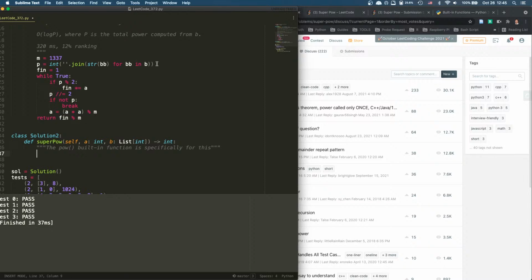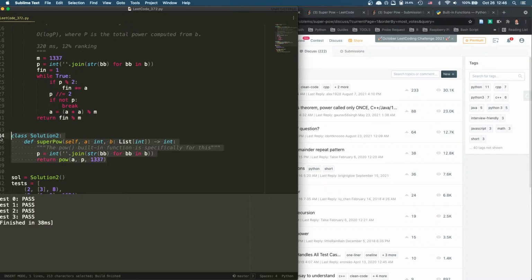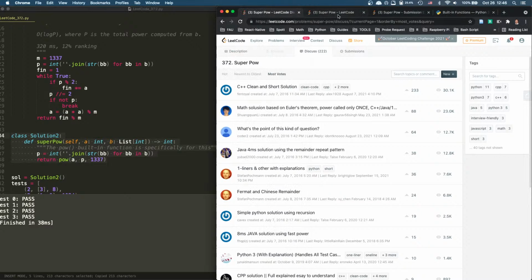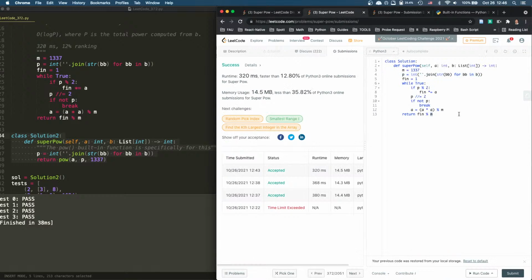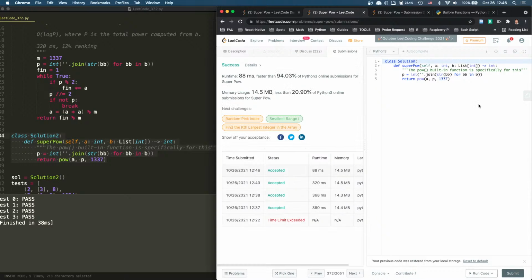So basically, we just grab the P, right? We grab the P, and then we return pow(a, p, 1337). Oh, this could be like cheating, right? That's not the purpose. They don't want you to do it this way, but I did not know. Wow, we can do it this way. Oh, I can do it in one line, right? We can put this one in here and do it in one line.